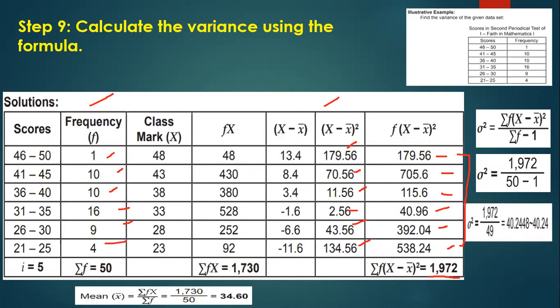So 1972 divided by 49 is equal to 40.2448, or rounded off to 2 decimal places, 40.24. Therefore, the variance of the data set is 40.24.